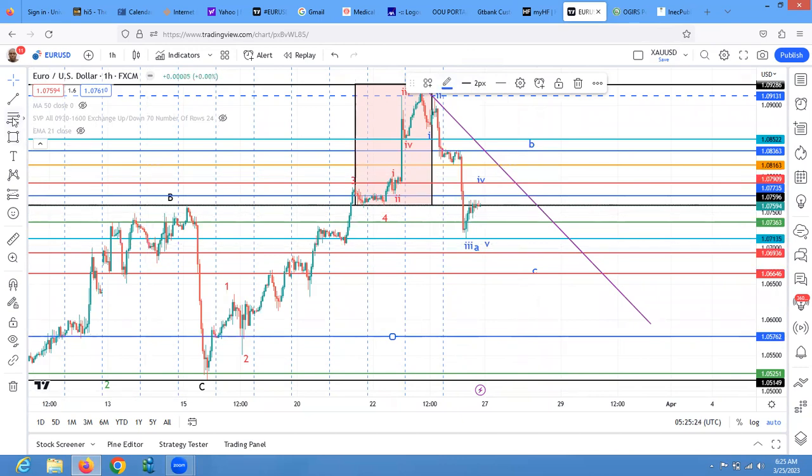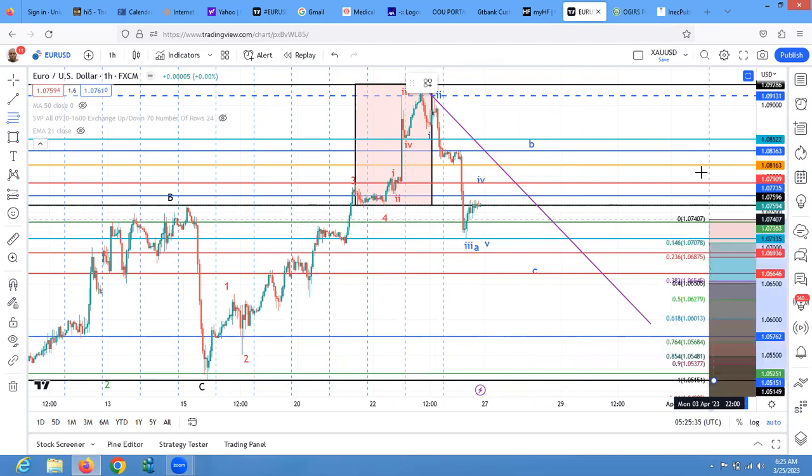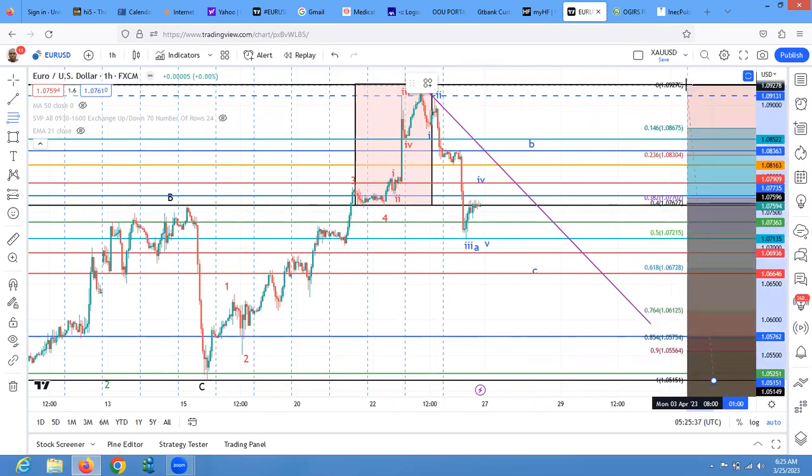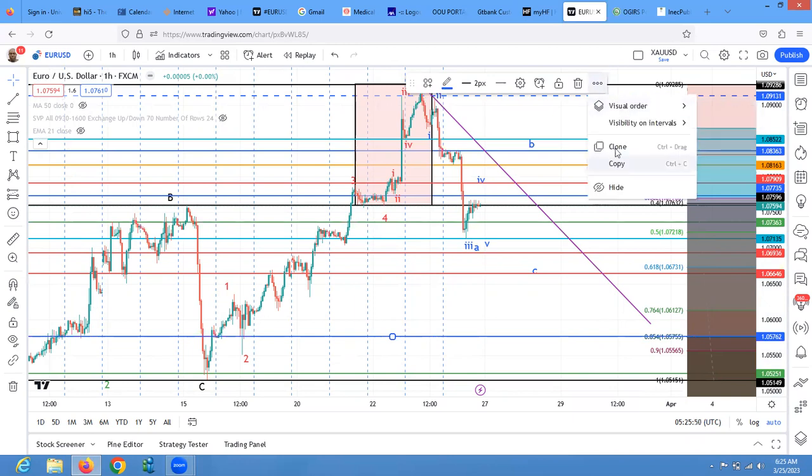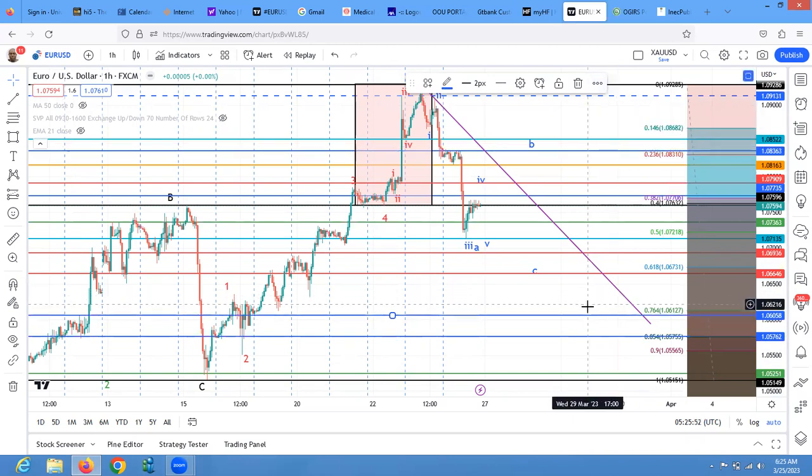So let's do it again. With that kind of a deep thrust, what do I expect? With that kind of a deep thrust in a wave, this is 85 here. The price had broken 50 already.